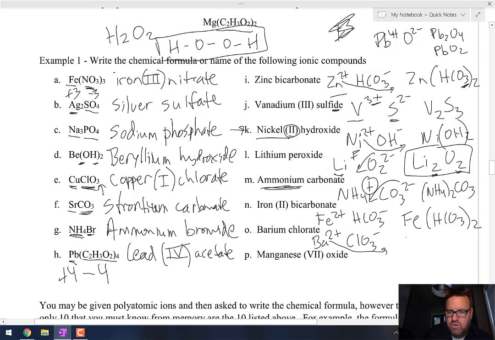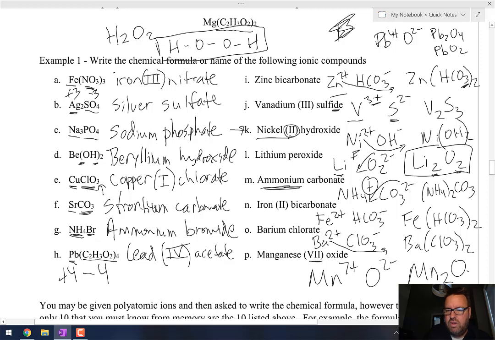So again, the 2 is going to come down here. So Ba(ClO3)2. And then manganese, that's a 7, guys. So Mn 7 plus. And then oxide is -2. So we just switch them. Mn2O7 is the correct response.